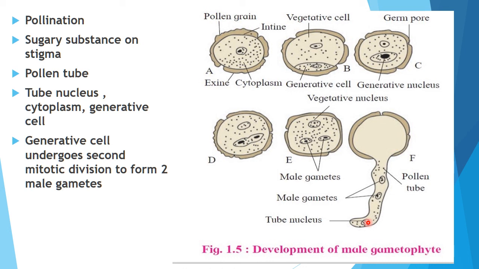Both male gametes are involved in fertilization, which we will study later, and the tube nucleus degenerates later on. So this is the structure of the male gametophyte, and these are the processes that take place in its structure and development.